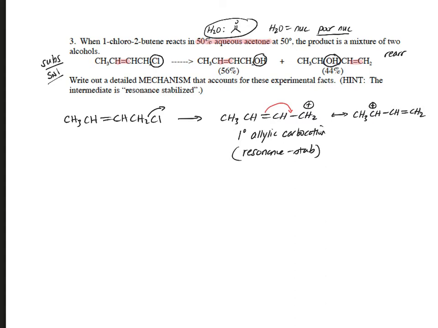This also is going to lead us to our two products. From my first structure, let's call it structure A, and the other one B. From structure A, if I have water react with it, let's show that. So water would come in with its lone pair, and it would attack the carbon with the plus charge.